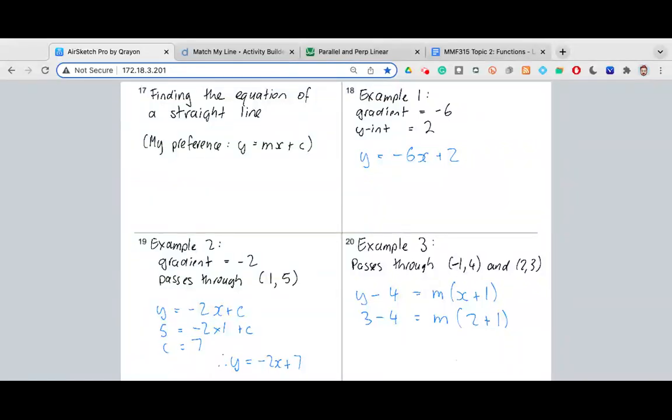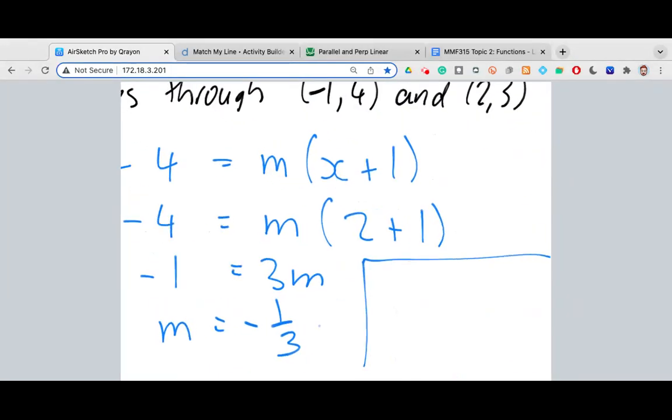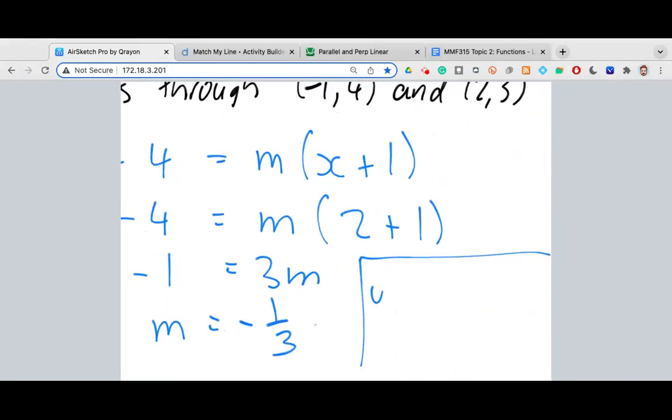So it's basically the same thing. Simplifying, negative 1 is equal to 3m. So m is equal to negative 1/3. And so I can write y minus 4 equals negative 1/3 outside of x plus 1, and I'm done.